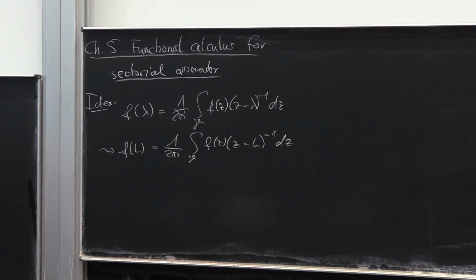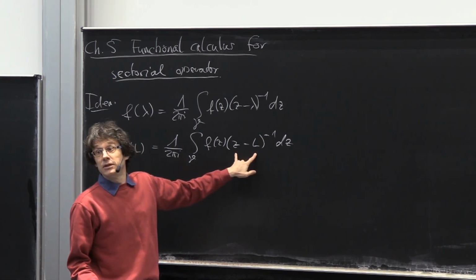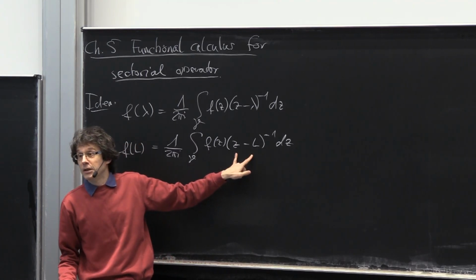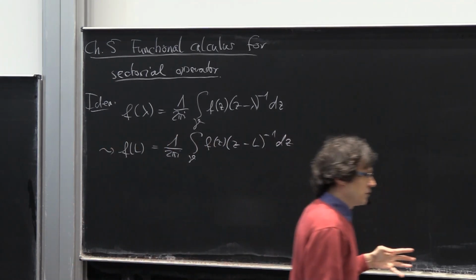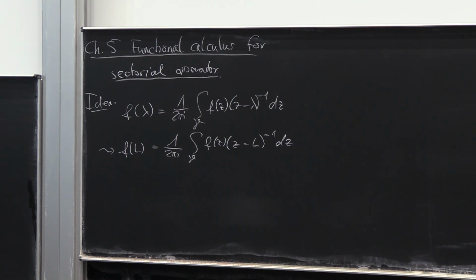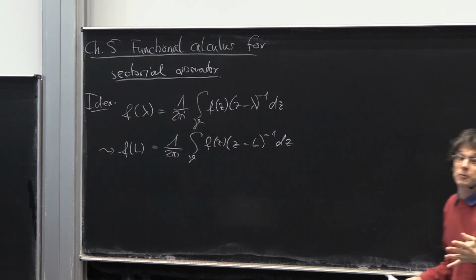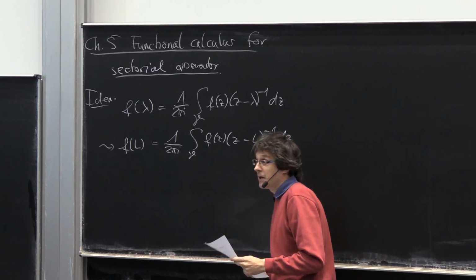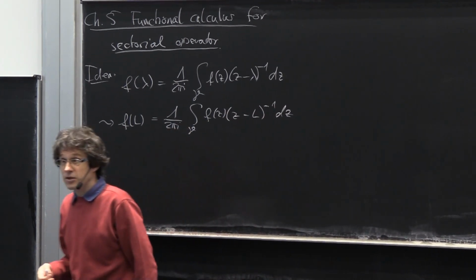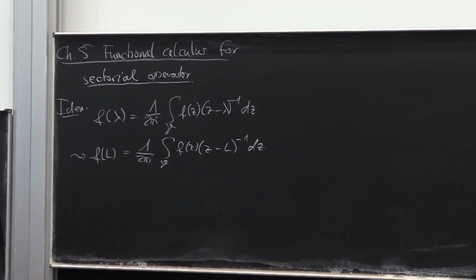So for this to make sense, you do not need to plug the L into the function, but only here, and this is a resolvent. We know how to work with this one. So that is the idea, which seems perhaps a little bit naive, but it works. And that it works is somehow the main topic of today's lecture, to make this precise.